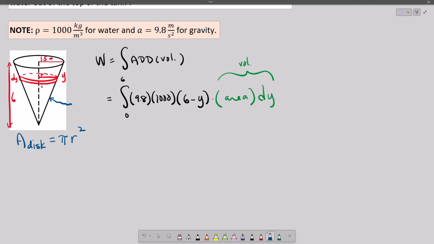That line's really easy to find. It goes through the origin. y equals mx plus b. The origin is 0, so y equals mx. So y equals slope times x. The slope is up 6 over 1.5. So this line is going to be y equals 6 over 1.5 times x. 1.5 into 6 is 4.